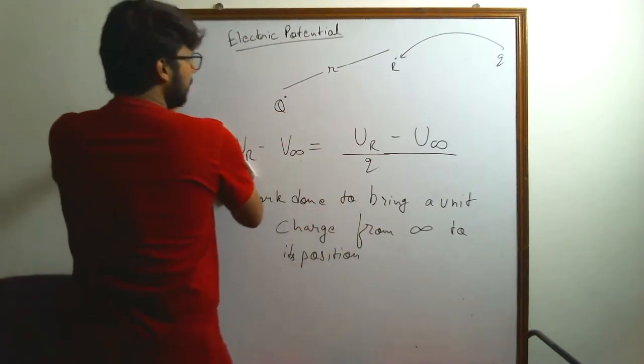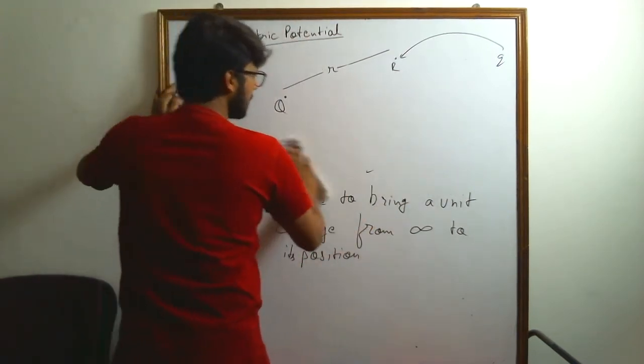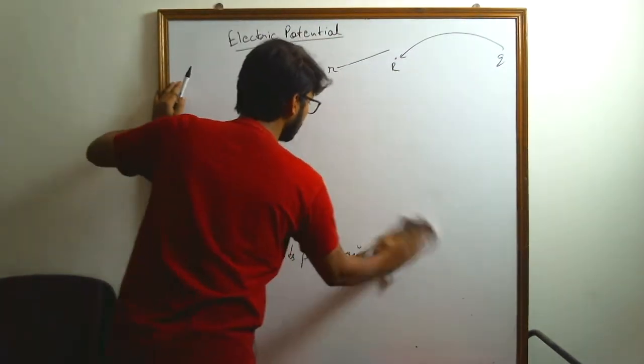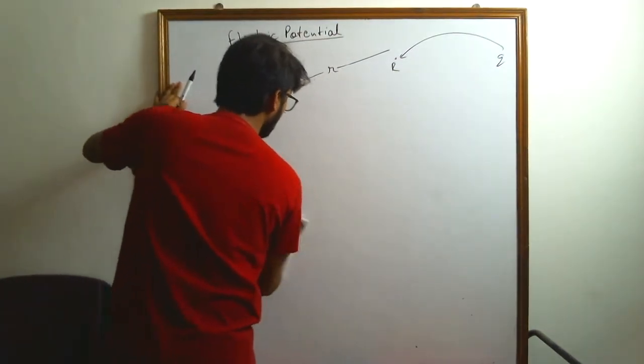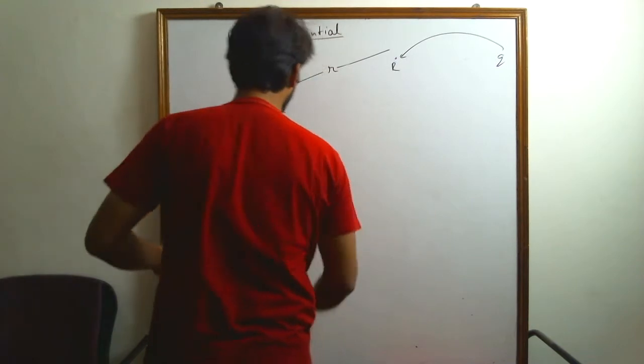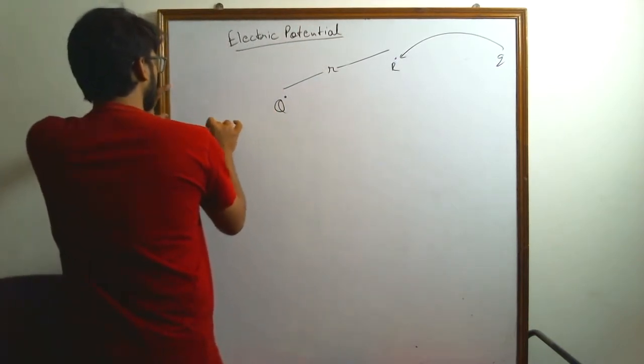Now, once we've understood this, let's get on to the first thing, which is potential due to a point charge. So we have a point charge over here.